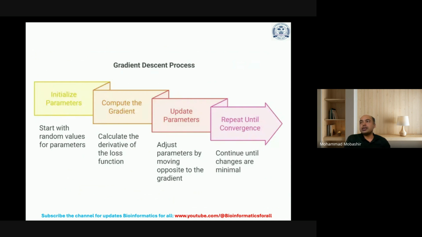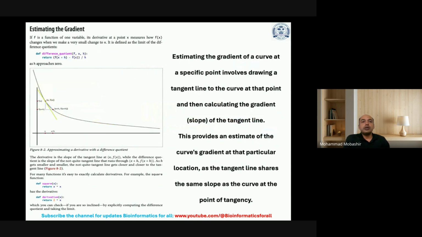When you are optimizing, you are looking for when it reaches a steady state or there are the least changes. Now, if you are going to estimate the gradient, this is one example.